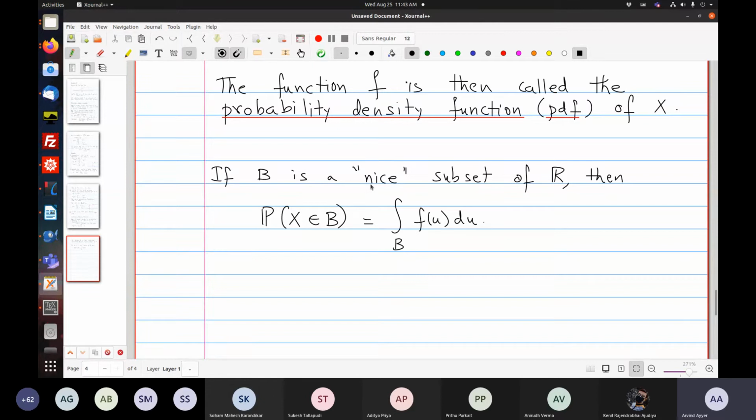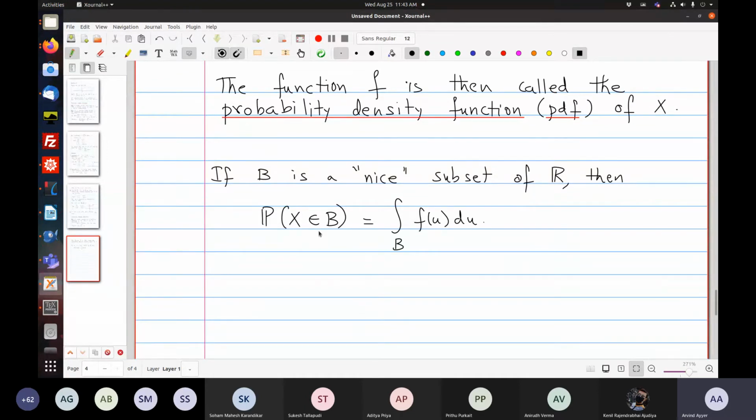What do I mean by nice? Virtually any subset you can think of is nice. To see examples of non-nice subsets, you have to take a math major, and when you go in your third year, you will see examples.